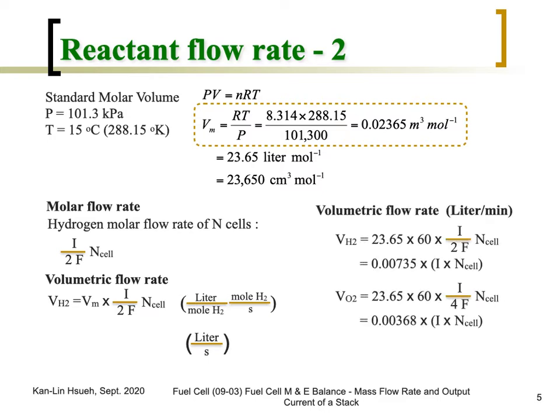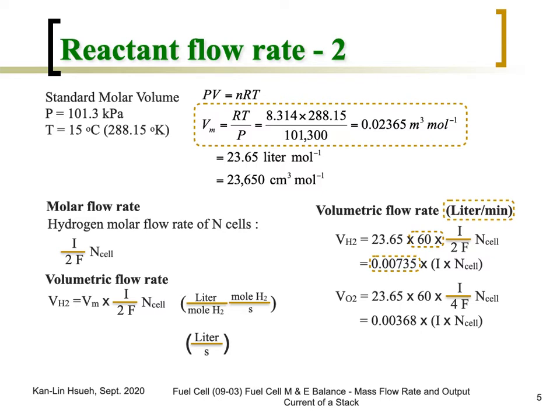So the volumetric flow rate over here, we are talking about the liter per minute instead of liter per second. So in the equation, we need to times 60 over there, and then we end with a prefix number is 0.00735.